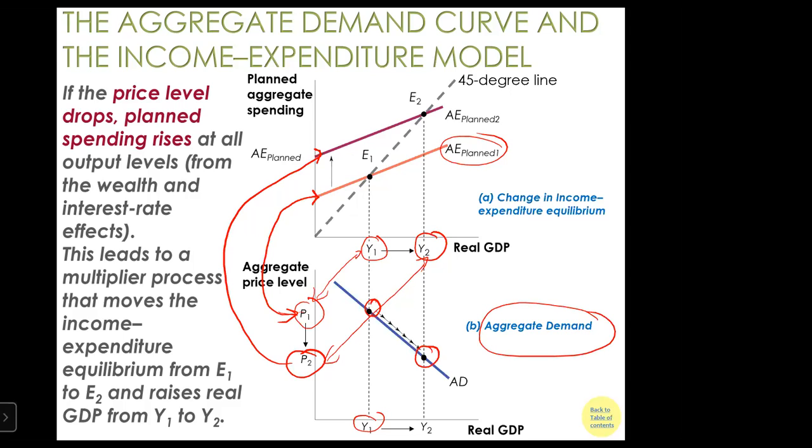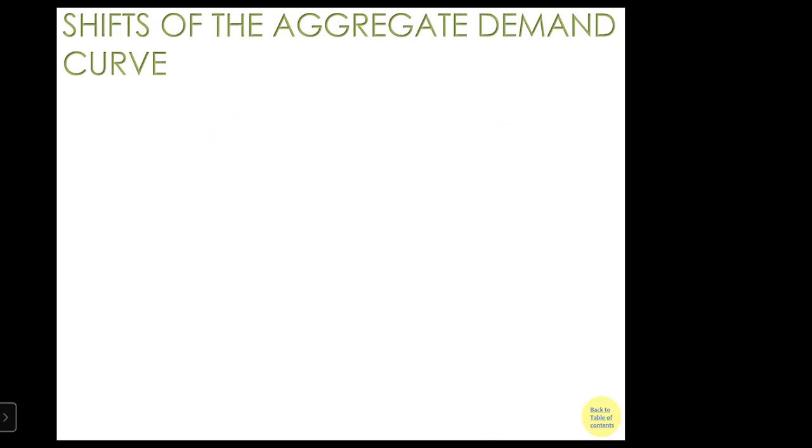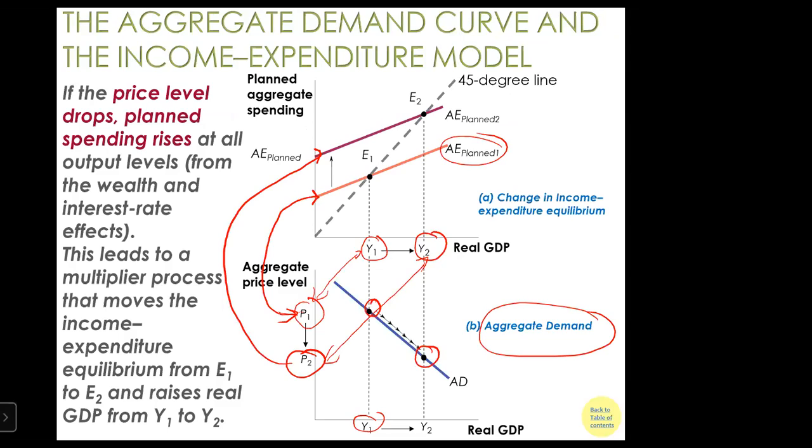Okay. Now in the next slides, we will learn what can cause this curve to shift. Right? But similar to what we learned in microeconomics, you might want to differentiate between a move along the curve versus a shift of the curve. And from here, you can clearly see the only thing that causes a move along the curve is the aggregate price level.